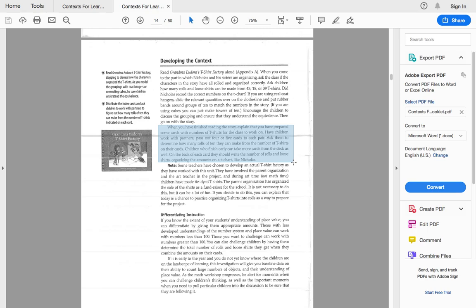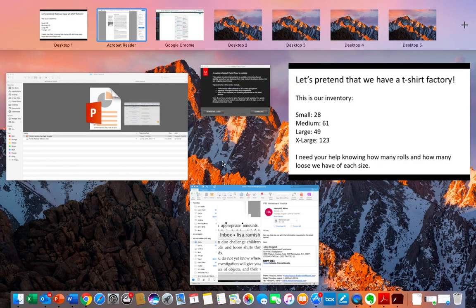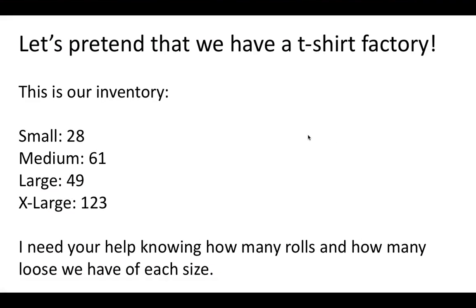I think that the cards have really stressed people out in the past, partly because the kids all get different numbers, and never mind that you have all these cards floating around. And so I've just given you some numbers. Instead of every group having different numbers, I've given you some numbers.